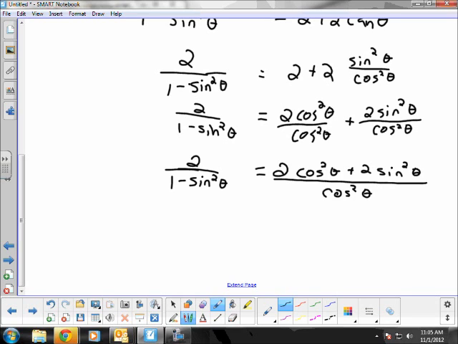All right. Now, what do you see over here in this numerator that we can factor out that 2? So I'll have 2 times the cosine squared plus the sine squared, right, when I factor out that 2.